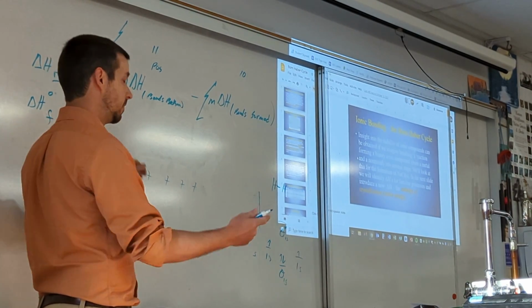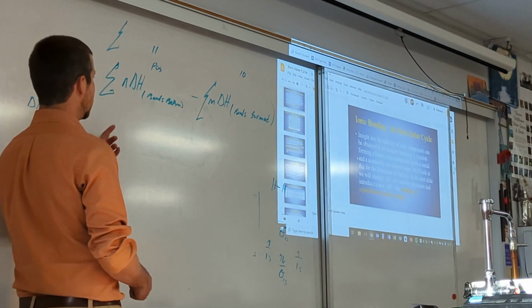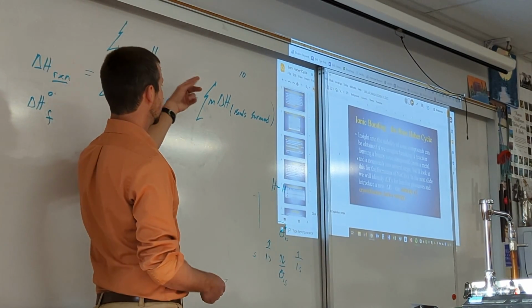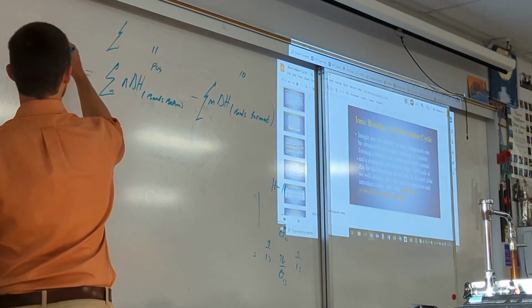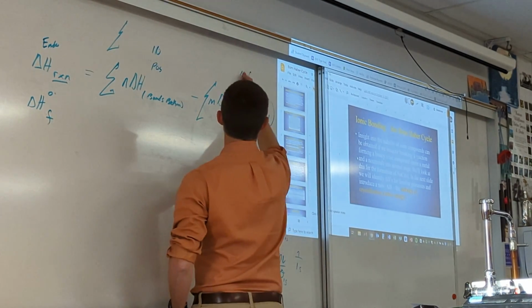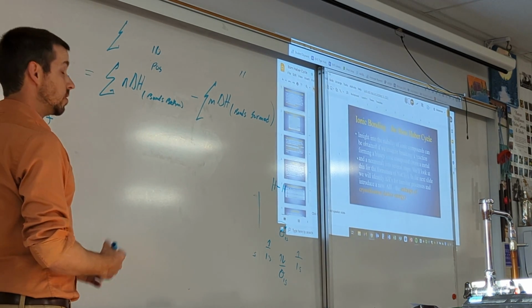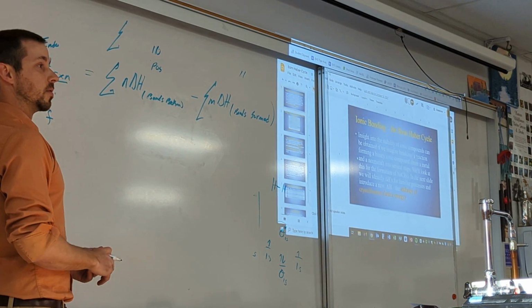Okay. But a little bit to Gloria's point, if the table says 11 and 10, this is going to be endothermic. Is it always going to be endothermic? Not if this is 10 and this is 11, right? Now you have an exothermic reaction. So there's no guarantee a reaction will be endo or exothermic.